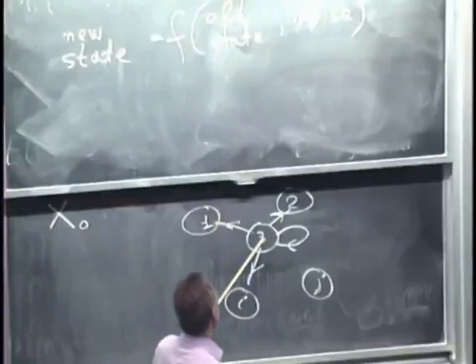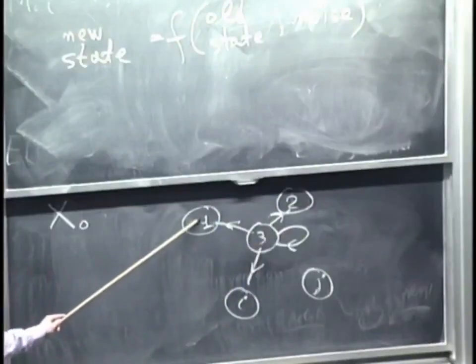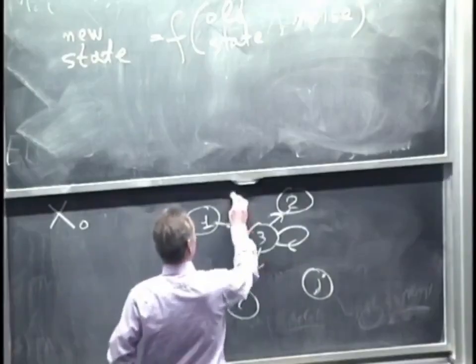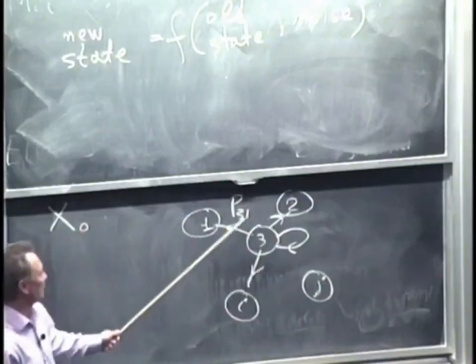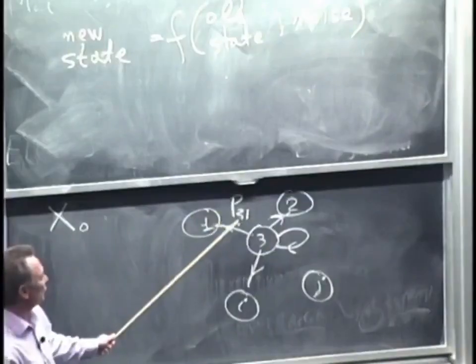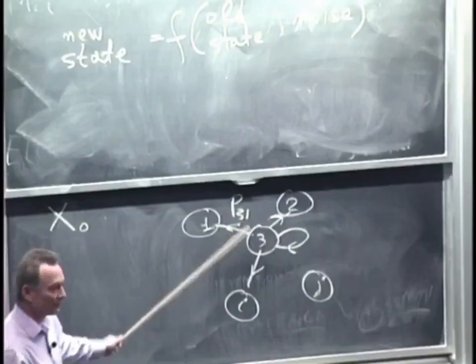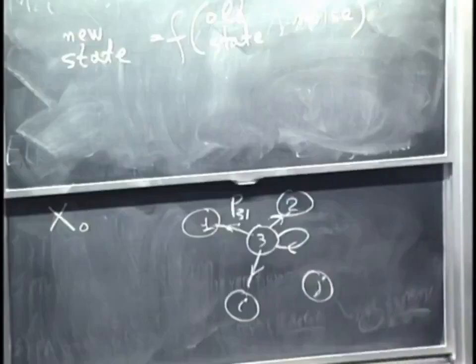If I am at that state, how likely is it that next time I'm going to find myself at that state? Well, we describe the statistics of this transition by writing down a transition probability, the transition probability of going from state 3 to state 1. So this transition probability is to be thought of as a conditional probability.